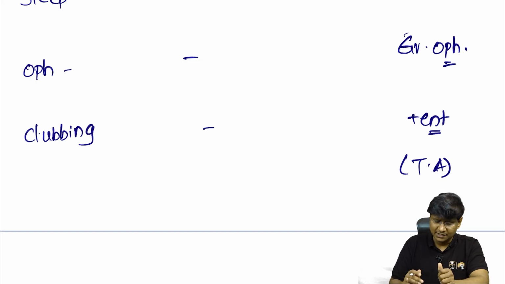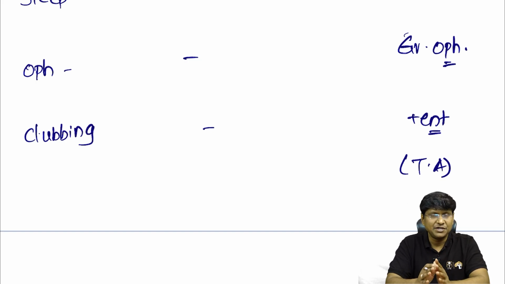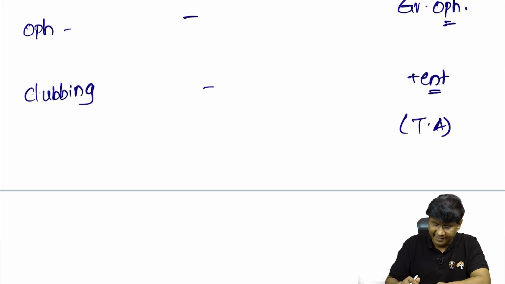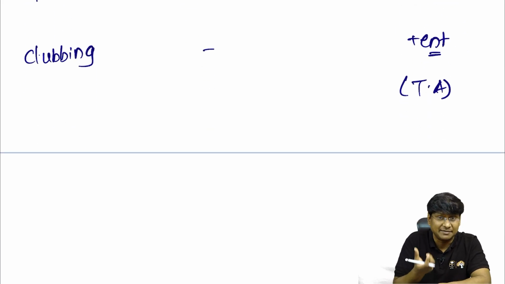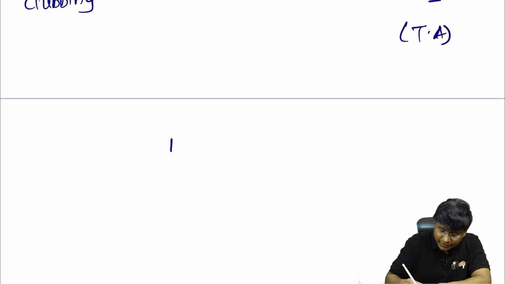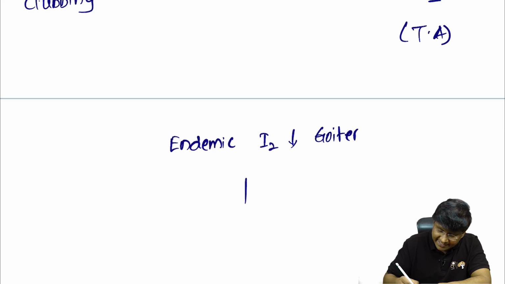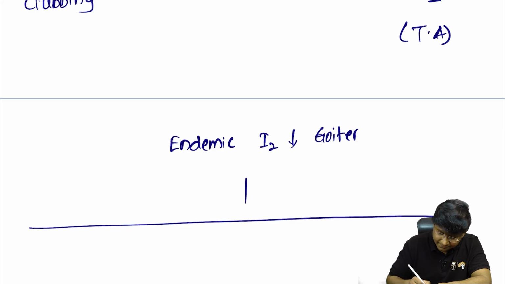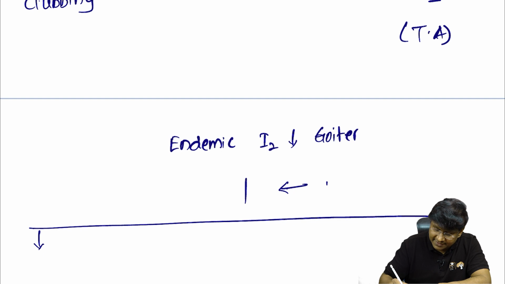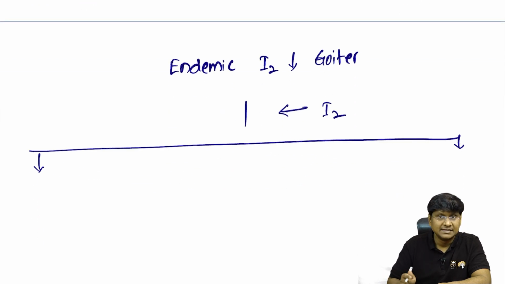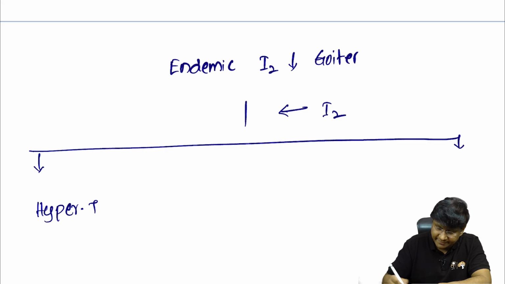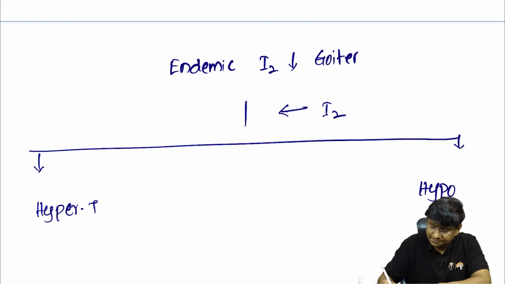and that we call the thyroid acropathy, where you have the presence of clubbing, right? The next important finding that you need to be aware of, there are two important terminologies. So in an individual with endemic iodine deficiency goiter, when you give the exogenous iodine, the individual will develop either hyperthyroidism or hypothyroidism, okay?